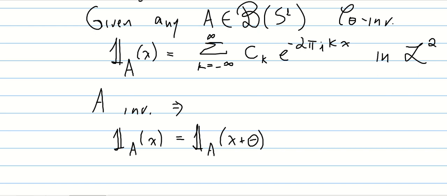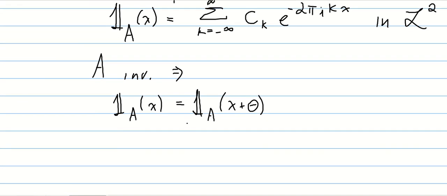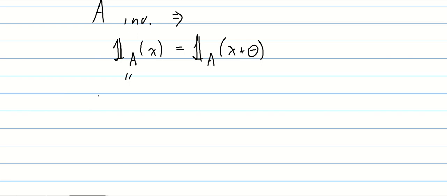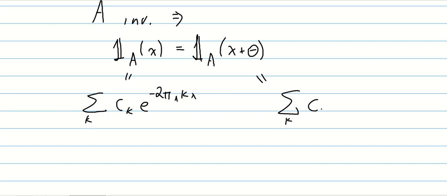That's what phi is going to do: phi is applied to x before checking whether you are in A or not. So if we use the decomposition, this is the sum over k of c_k e to the 2 pi i k x, and this is just the same decomposition but evaluated at a different x.